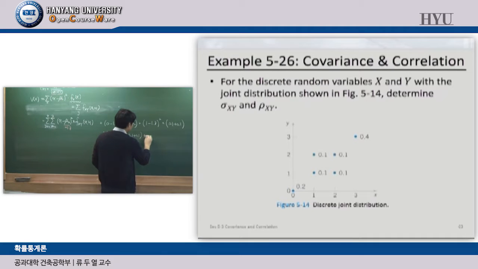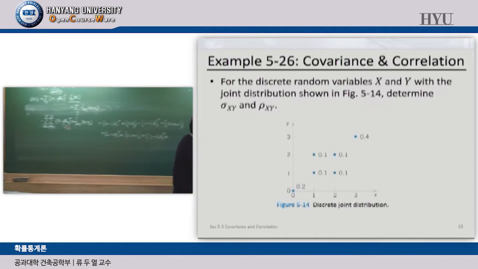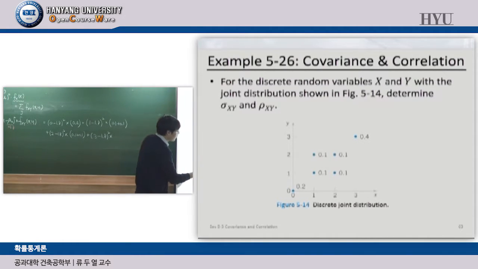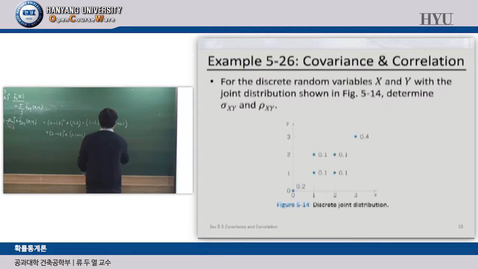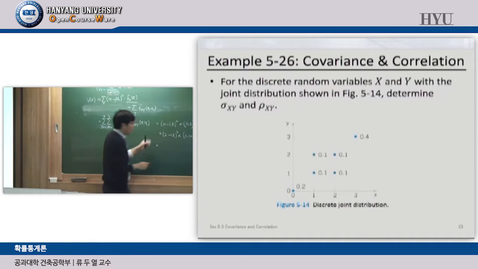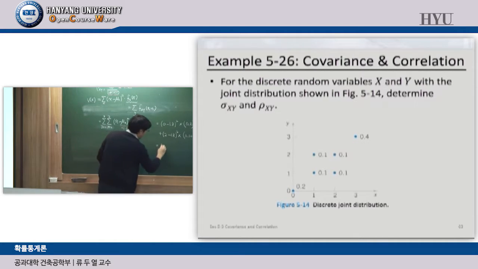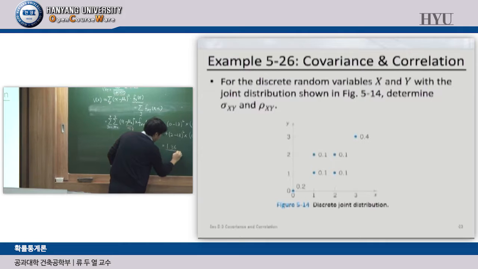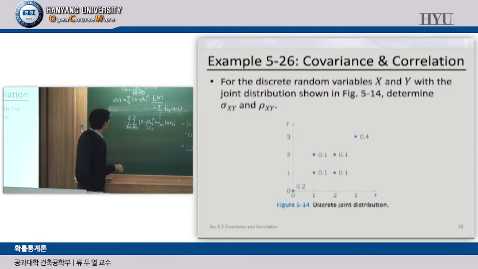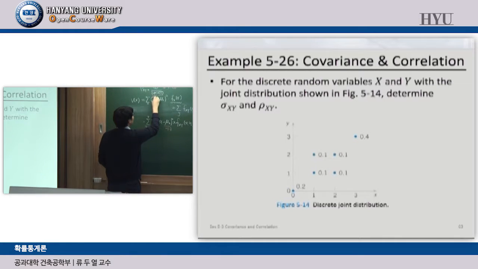And finally, when x is equal to 3, 3 minus 1.8 squared by, we have only one probability mass function here, that is 0.4. So if you calculate this based on your scientific calculator, the answer is 1.36. So this is equal to 1.36.